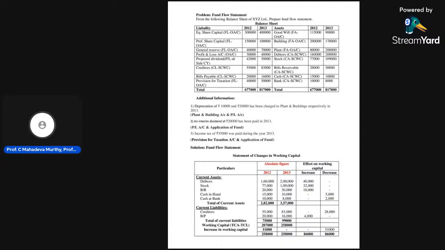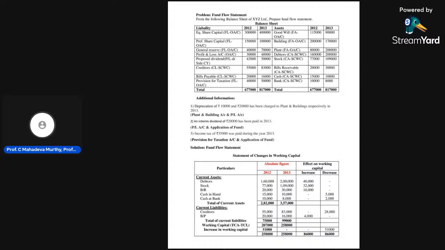Then bills payable, 20,000 in 2012 and 16,000 in 2013. That is a liability, bills payable liability, here it increases, vice versa. If you compare current assets and current liability, it is always vice versa.